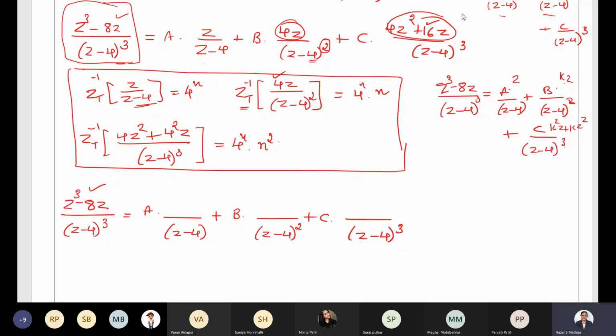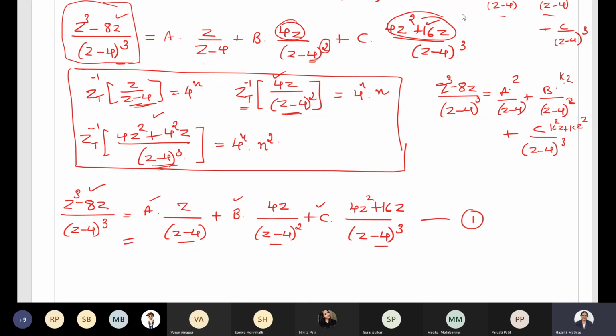We know that of 4z by z minus 4 whole square. We know the inverse z transform of 4z square plus 4 square z by z minus 4 whole cube. We have all those denominator terms, but the numerator is not there. That's why we add those terms: z over here, 4z over here, 4z square plus 16z over here. This is why we add it. We can split this and write it so that we get the values of a, b and c.